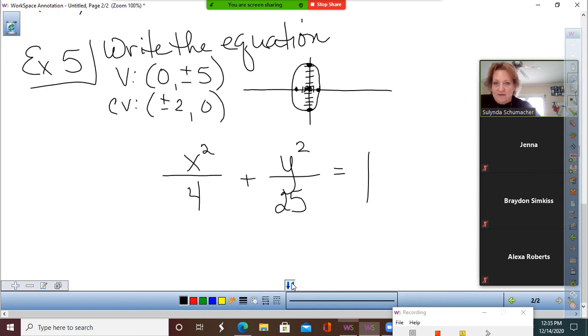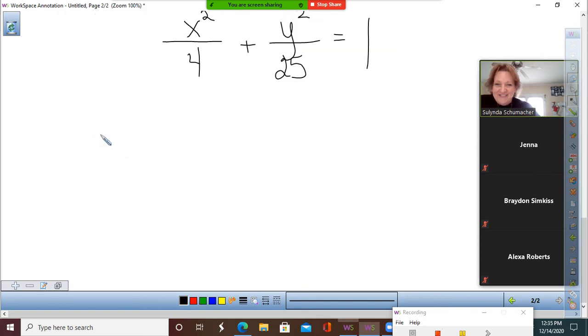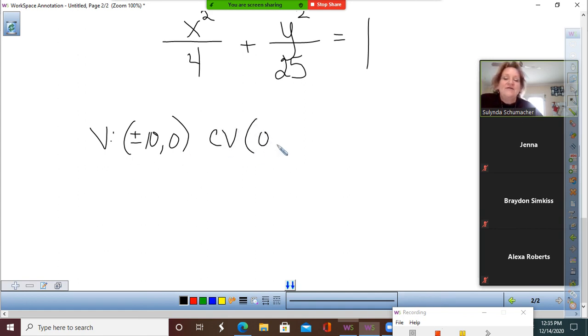Try another one. Let's say we have vertices at plus and minus 10, 0, and co-vertices at 0 and plus and minus 3. All right, so which way is this one stretched?